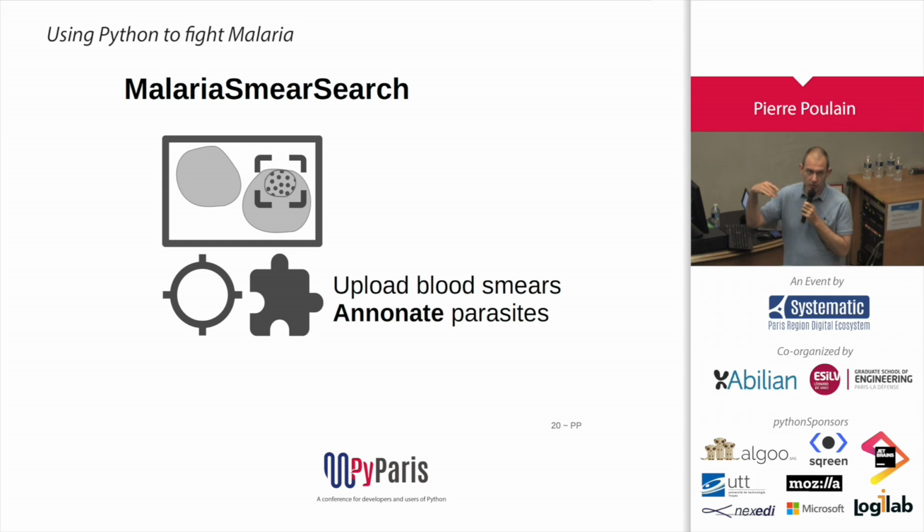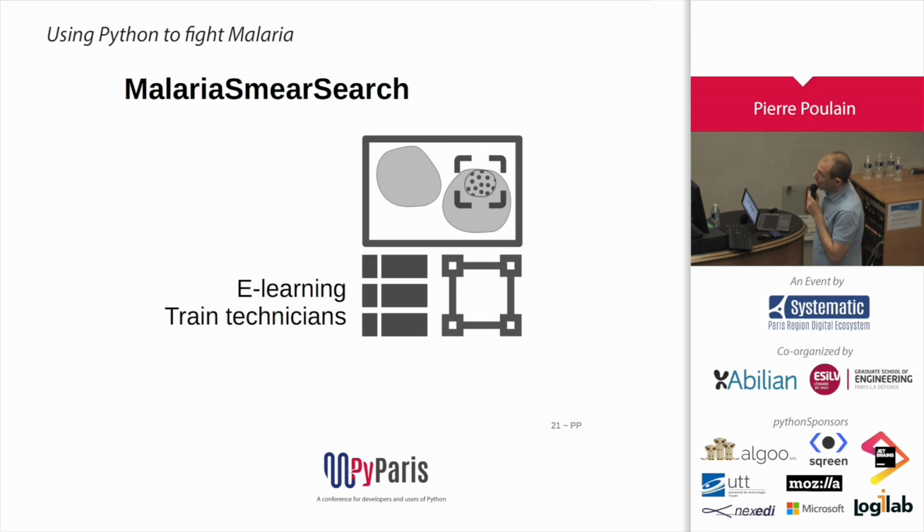There's no point in uploading a picture for malaria diagnosis if you are not able to precisely annotate where exactly the parasites are, where the red blood cells are, where the white blood cells are, etc. The other module is an e-learning module to train technicians to recognize parasites correctly. It's worth mentioning that before doing any machine learning with your dataset, it's worth spending some time on e-learning, because capacity building is very important in developing countries.